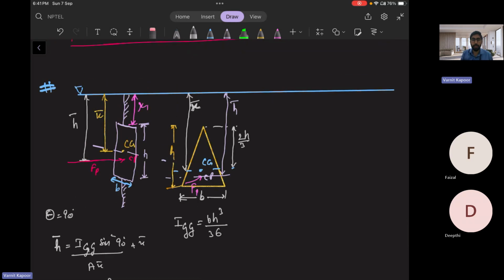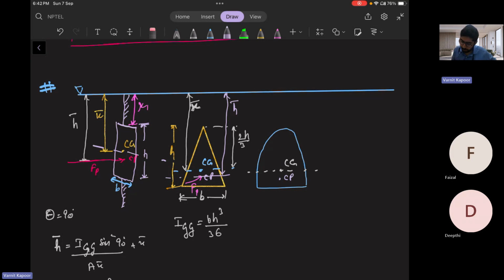Suppose instead of a triangle, I have a semicircle plate. Let us draw that as well. Suppose my plate looks something like this, a semicircle plate of radius r. Again, the center of gravity point will be here, CG, and CP will be below.